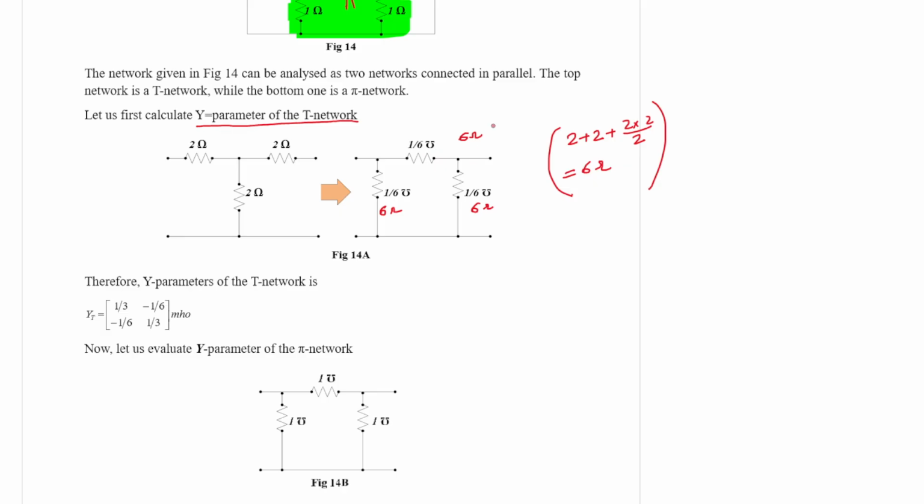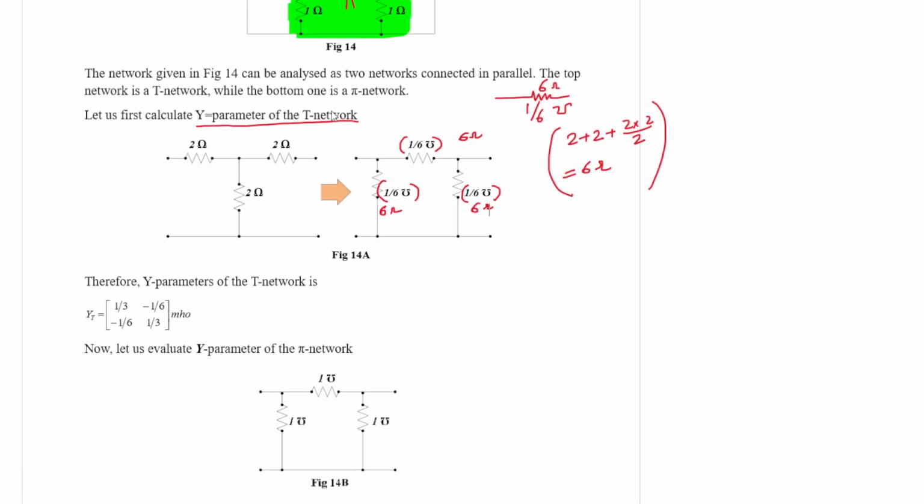If a resistance is 6 ohm, then that same resistance can be represented by 1 by 6 mho conductance. It is all the same meaning. So now you know the rule.